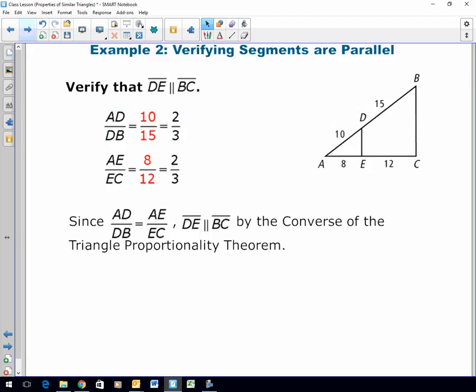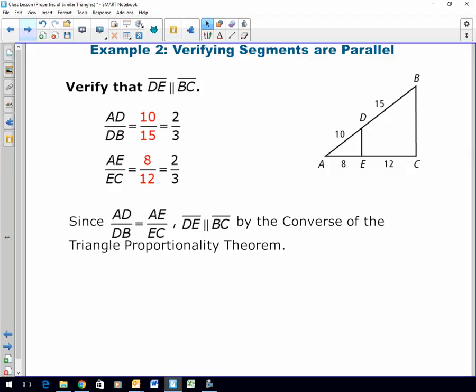All right. What about here? What am I asked to do here? What does the direction say? Parallel, right? So verify that these lines are parallel. Remember that the converse theorem said, if the sides are proportional, then they're parallel.